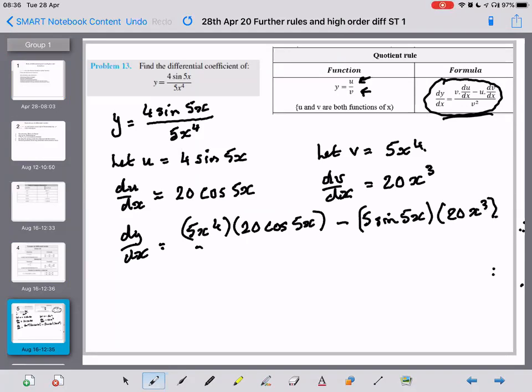And then all of that has got to be divided by v squared.